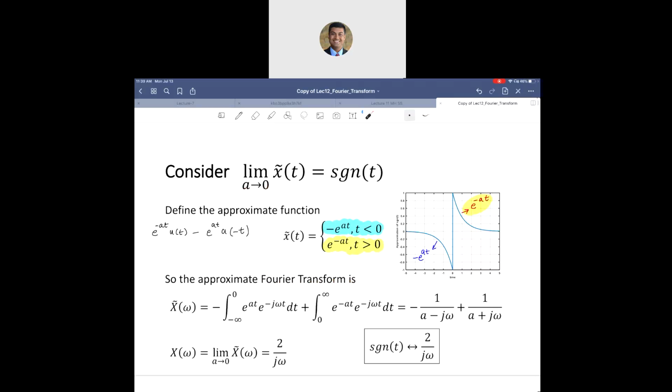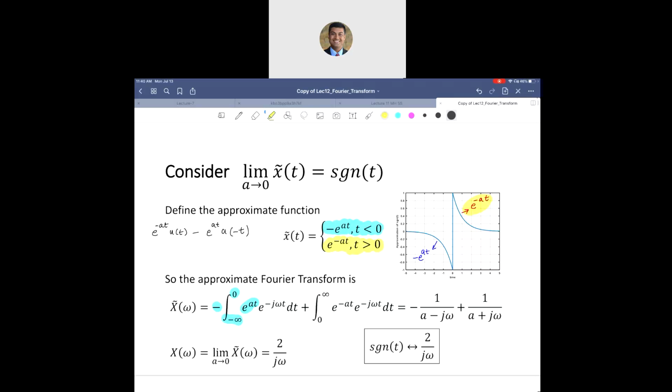So the approximate Fourier transform is going to be x prime of omega. Again, we have to do this piecewise. So for the first piece, when time is less than 0, you get negative infinity to 0. There is a negative sign on the exponential, e to the plus at, and then the rest is the definition of Fourier transform.